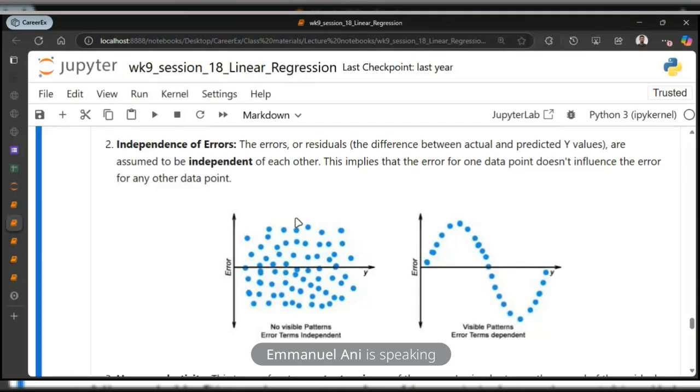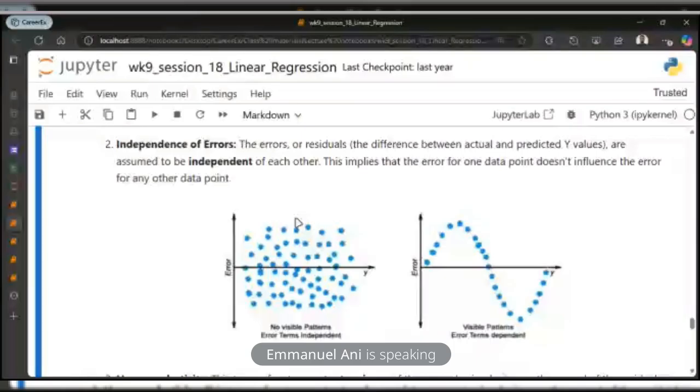So if you get all the residuals, you've gotten the difference between the actual and the predicted value, and then you plot the residuals. The residuals should be independent of each other. There should be no correlation, there should be no pattern signifying that this residual depends on the previous one or the one following.